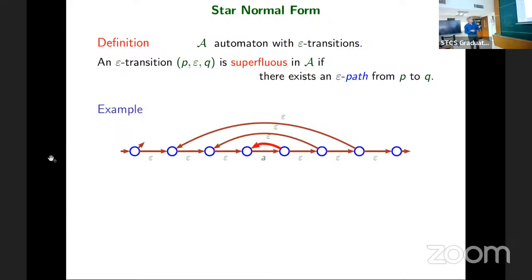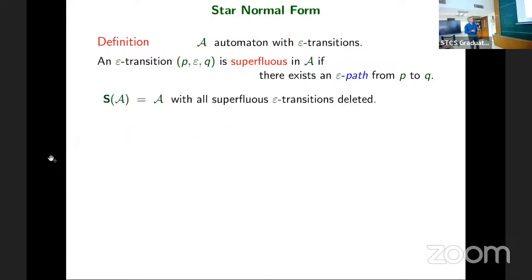For instance, here, this transition is superfluous because you can do it, and this transition is superfluous because you can do it. So now you take an automaton with epsilon transitions and you erase all superfluous transitions. It's obvious that if you remove such epsilon transitions, what you get is equivalent in this model.